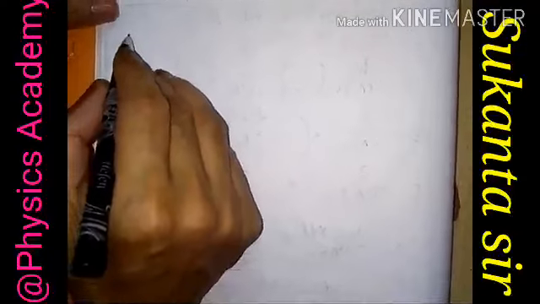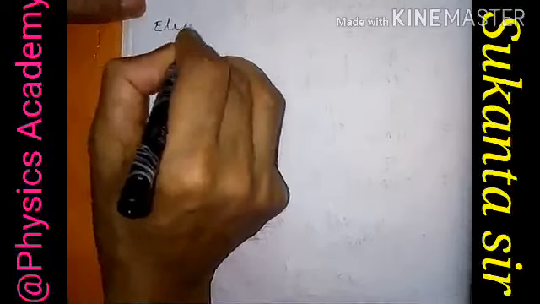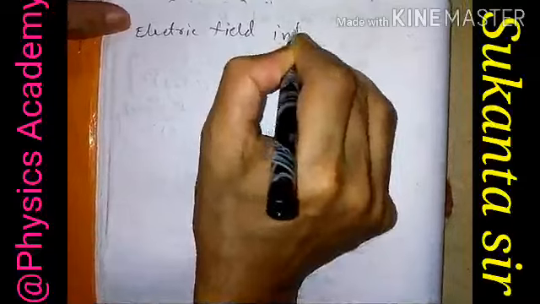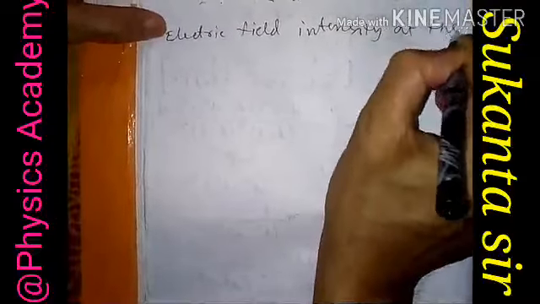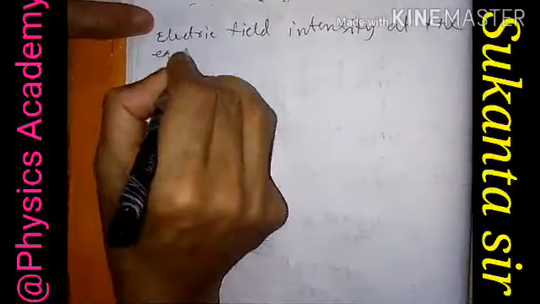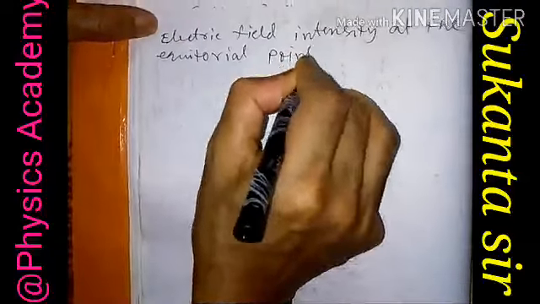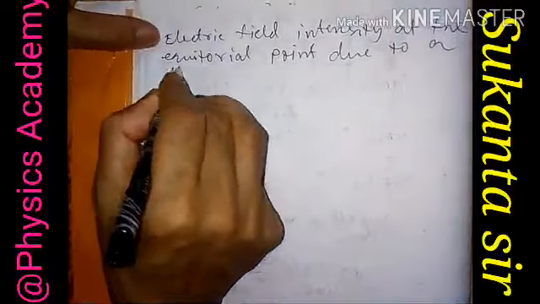Now I try to find the electric field intensity at the equatorial point due to a dipole.